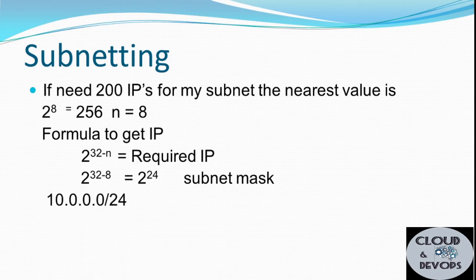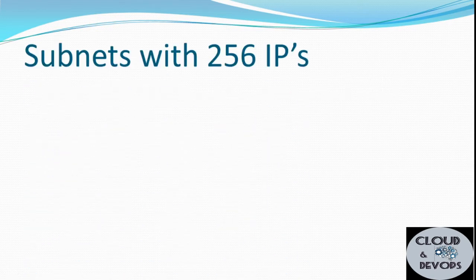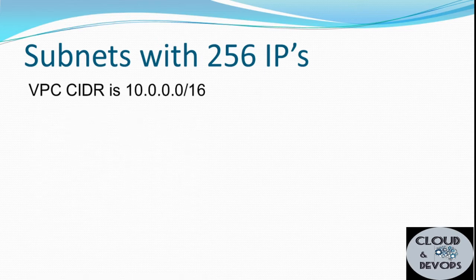So if I give 10.0.0.0/24, it means 32 minus 24, which is 2 power 8. Overall we will get 256 IPs. Imagine my VPC CIDR is 10.0.0.0/16.